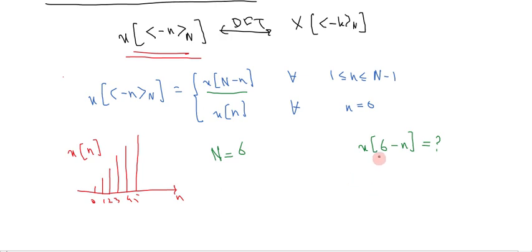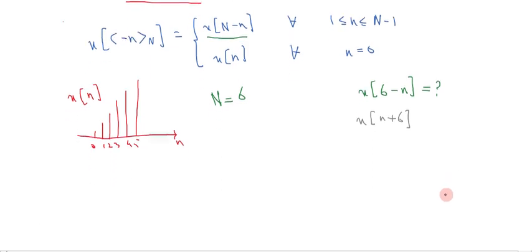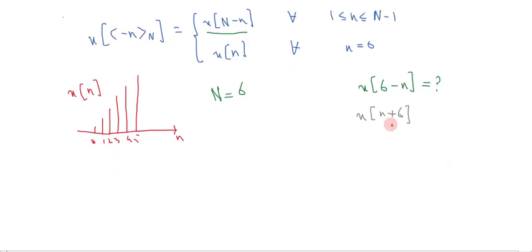So first thing is to find out x of 6 minus n. You have to find x of n plus 6 first, which is the 6 units time advance, linear time advance version of this x of n, and it will appear like this.